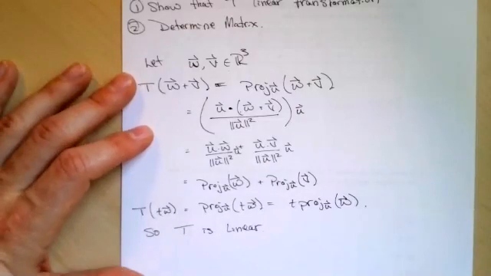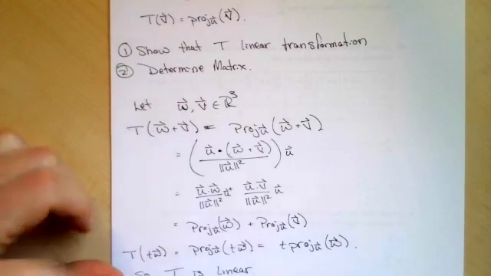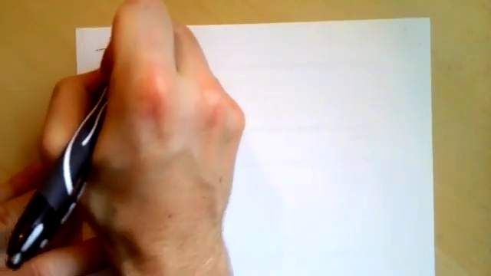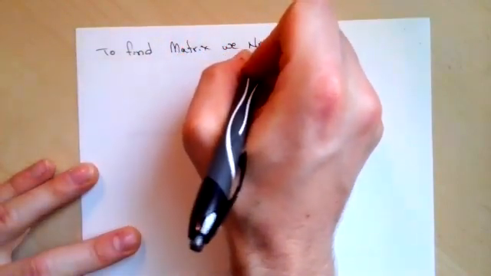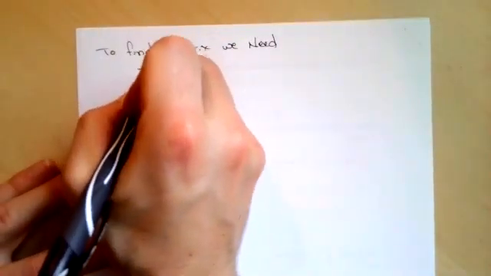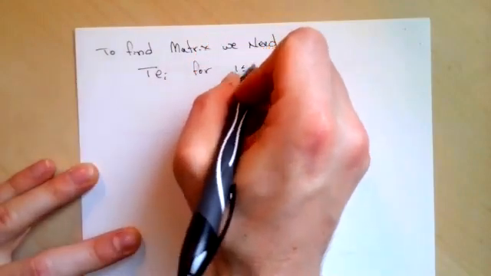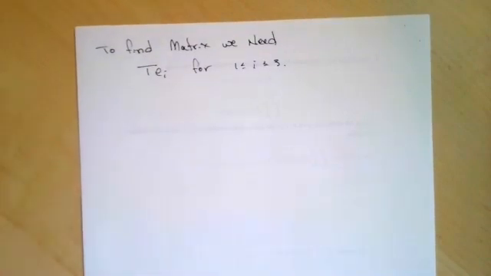So how do we determine the matrix? The matrix is going to be a little bit more complicated. What we want to figure out is where the images of our standard basis vectors go. For all three standard basis vectors, we need to figure out their images.